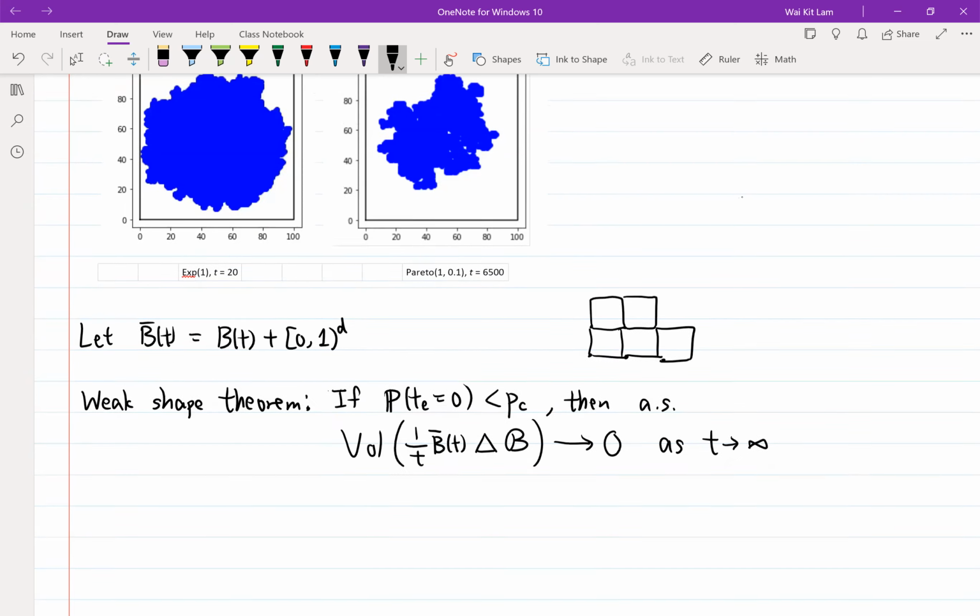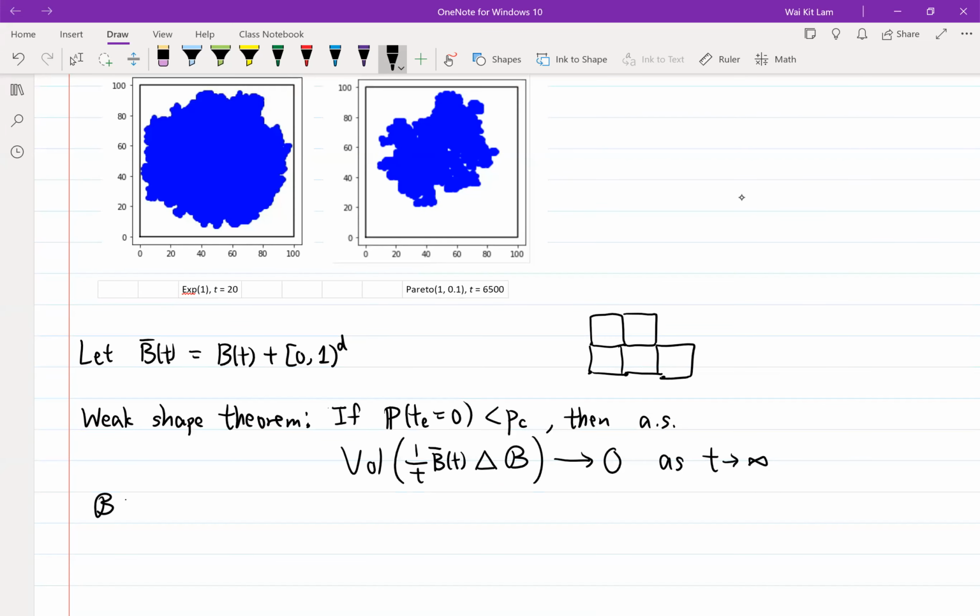And what is this B? This B is a non-random compact set with non-empty interior.